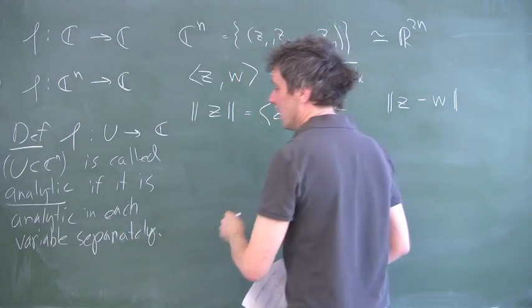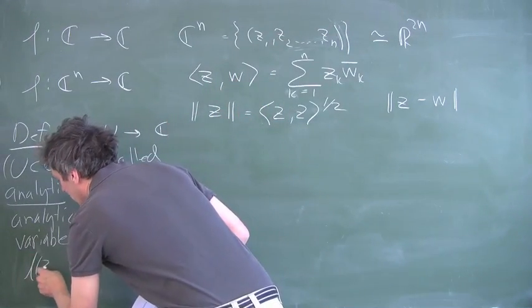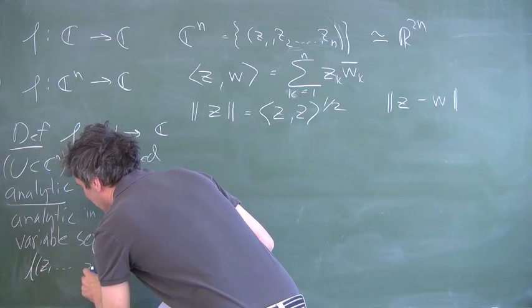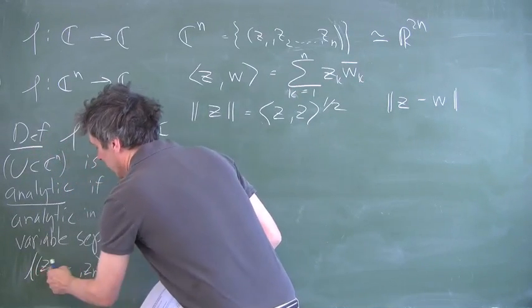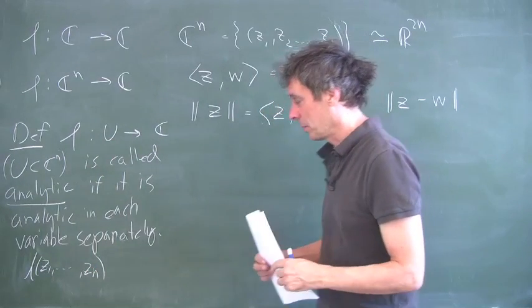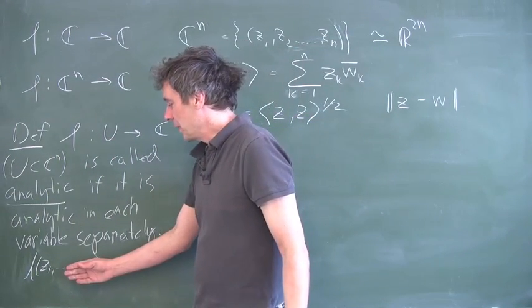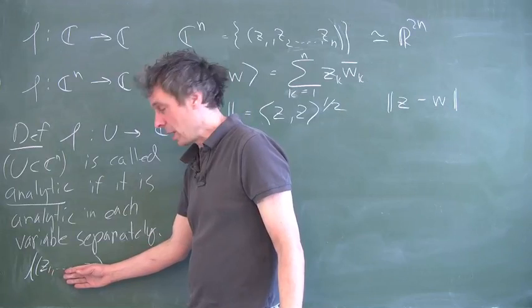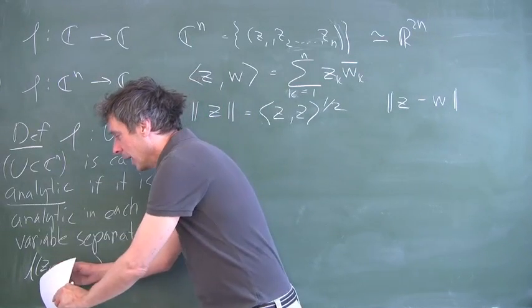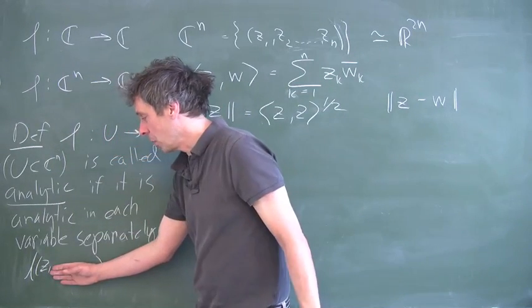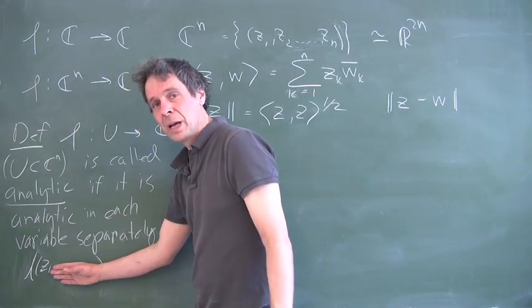So this means that you have a function of all these n complex variables. And if you fix the value of all of them but one, then you get a function of one complex variable. And that should be analytic then.